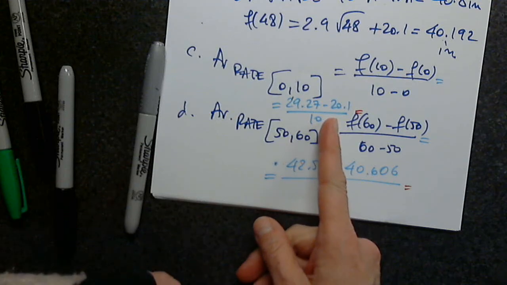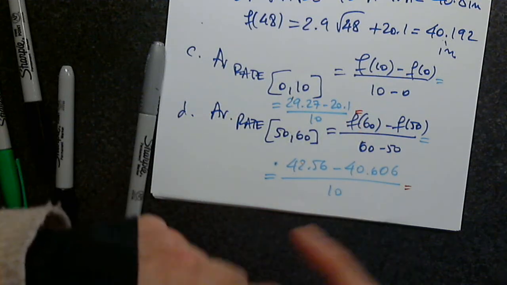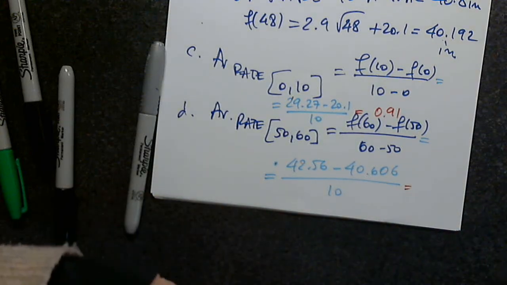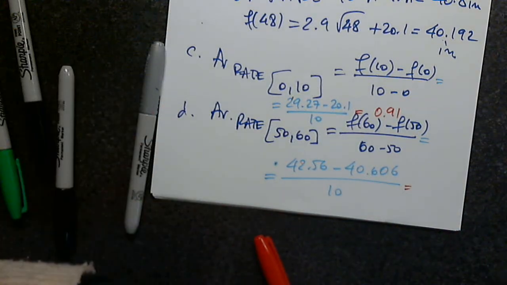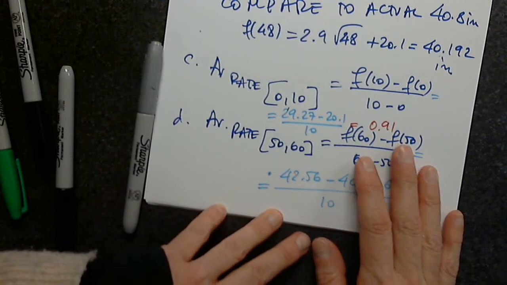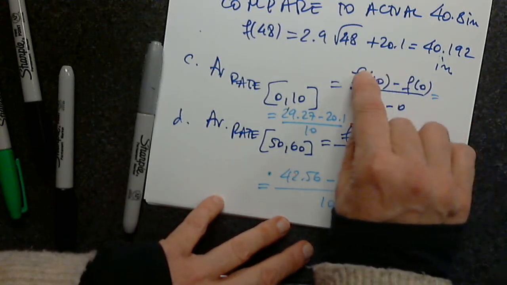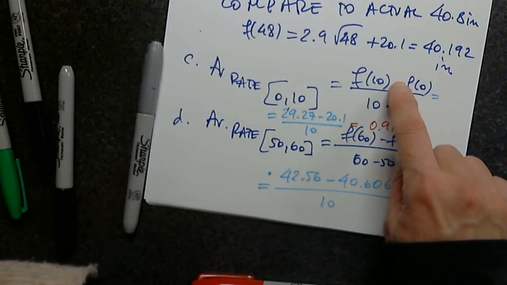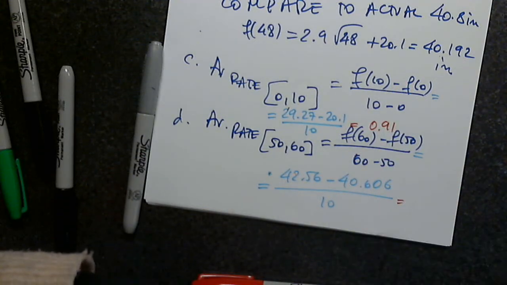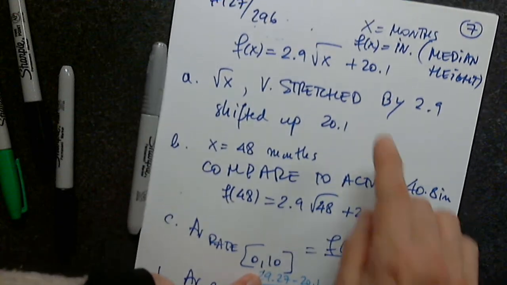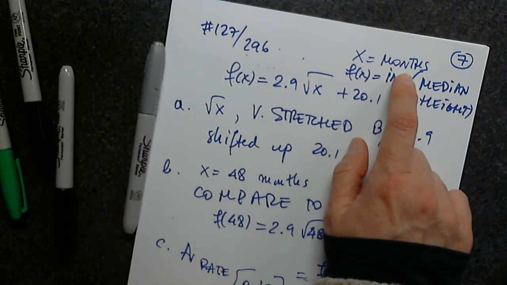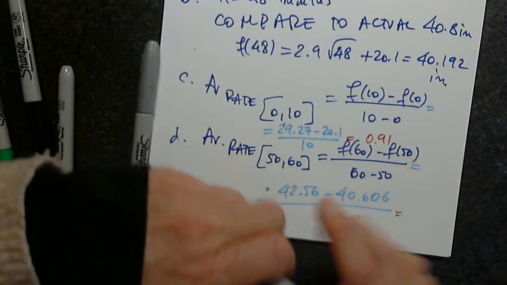So 29 minus 20 is about 9.1 divided by 10, 0.91, measurement unit. Without the measurement unit, the measurement unit is a composite measurement unit: the measurement unit for the top over the measurement unit for the denominator. What is the measurement unit for the top? What do we measure f of x in? Good. What do we measure x in? Good. So then the answer is?